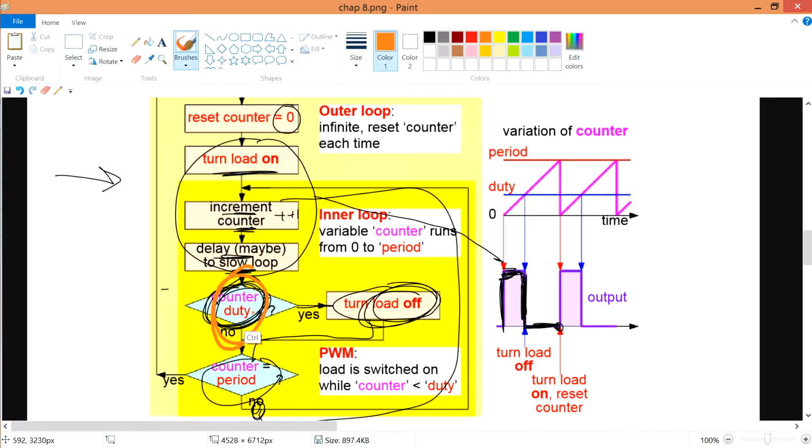If it doesn't reach your duty cycle, then if it never reaches my duty counter, alright, if it's no, it actually goes to the counter period. Alright, so over here, it actually goes to counting the period, and then it will reset.